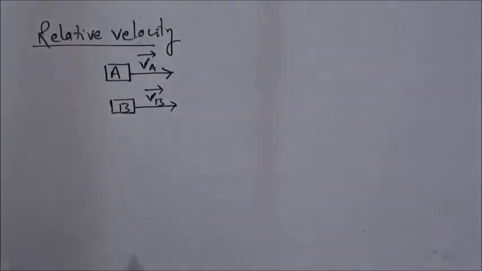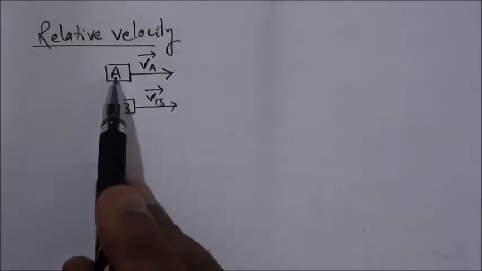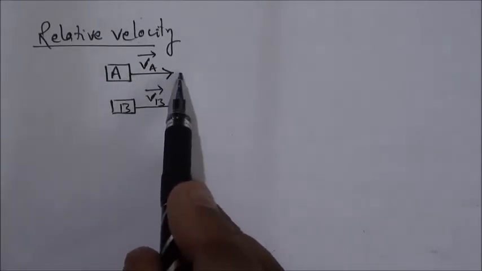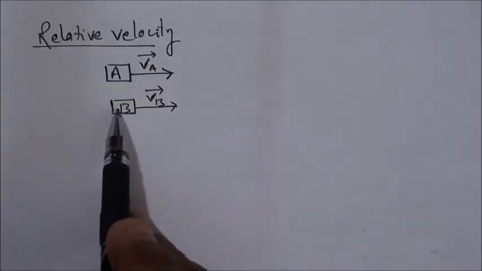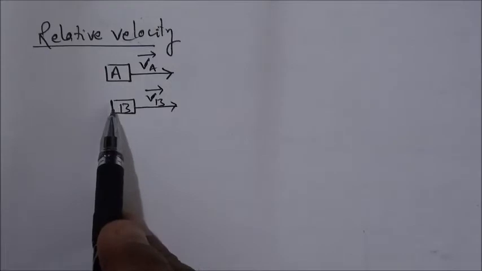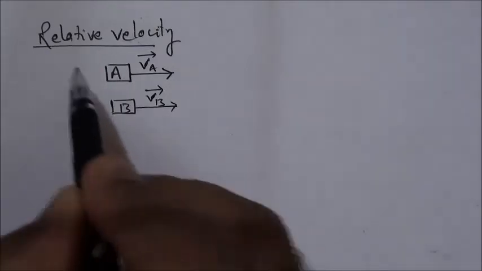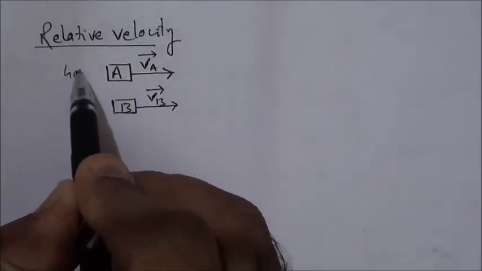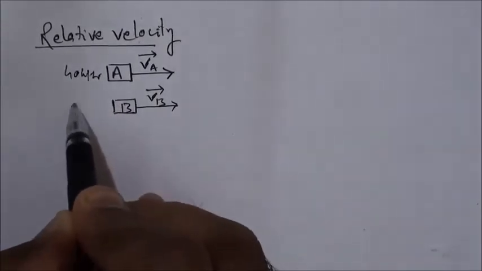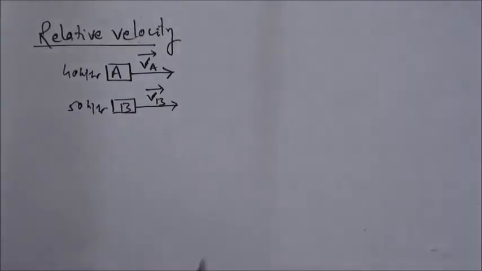You can take an example, say you are moving in a car A with a speed of say 40 kilometers per hour. There is another car moving parallel to you with a speed of say 50 kilometers per hour. This is 40 and this is 50.